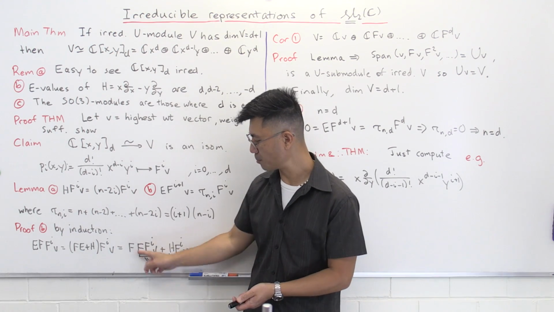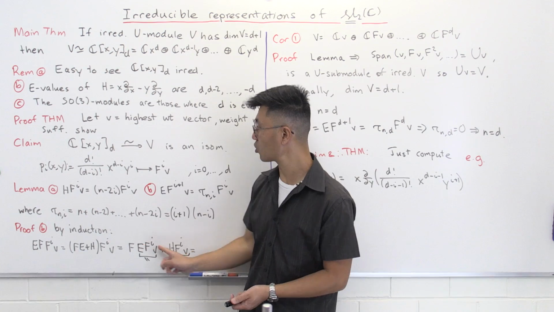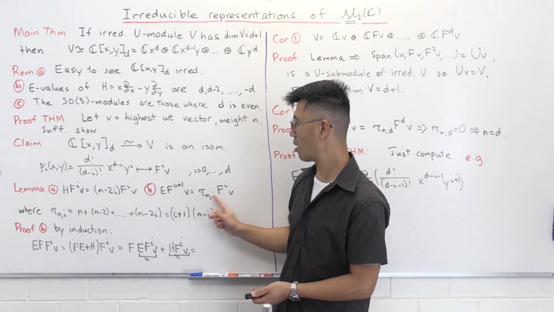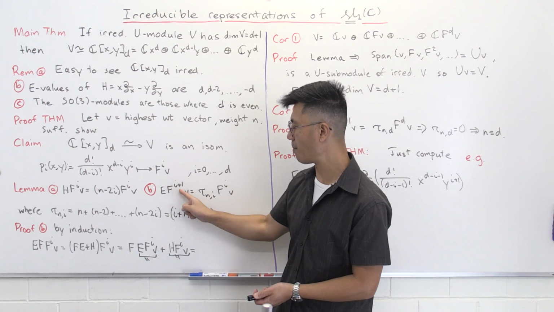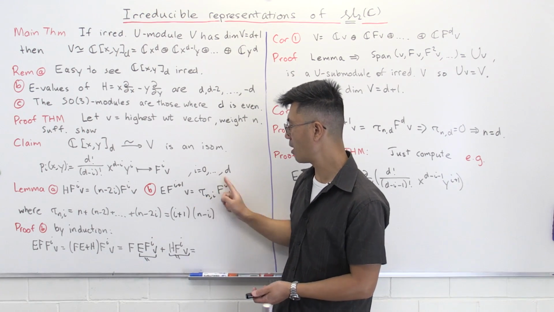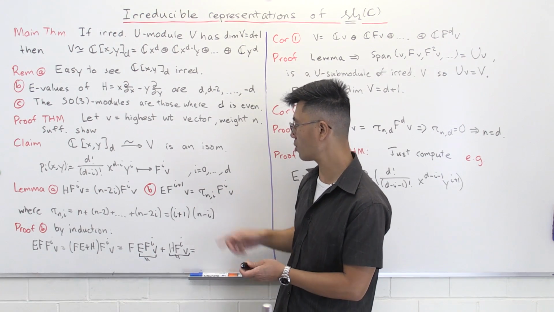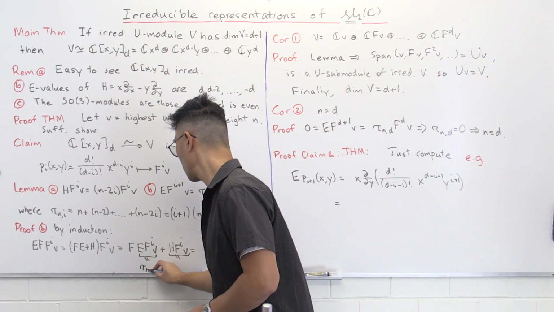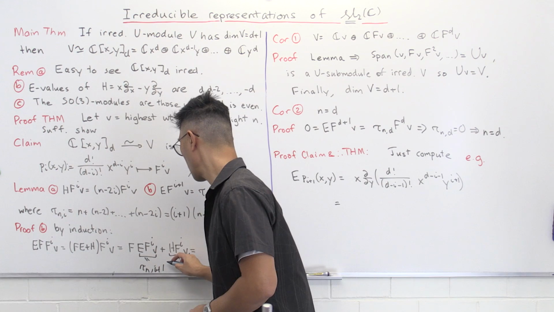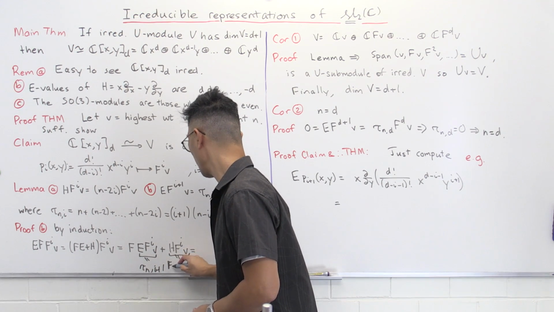The first thing is that this part here you can analyze by induction. We're going to assume this is true for smaller values of i. So when you reduce i to i minus 1, you'll get e f to the i v, and on the right-hand side, you have to reduce i, so you'll get tau n, i minus 1, and then you'll have f to the i minus 1 v.